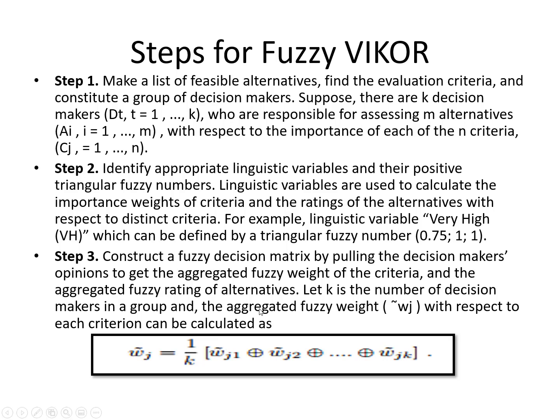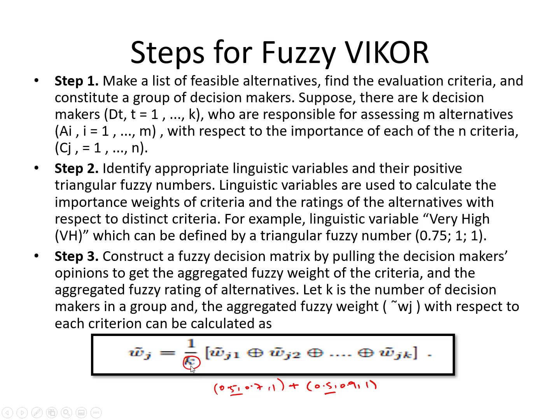If the decision maker 1 assigns 0.5, 0.7 and 1, plus 0.5, 0.9 and 1, what we do is add the first numbers together, and then divide by the number of decision makers.